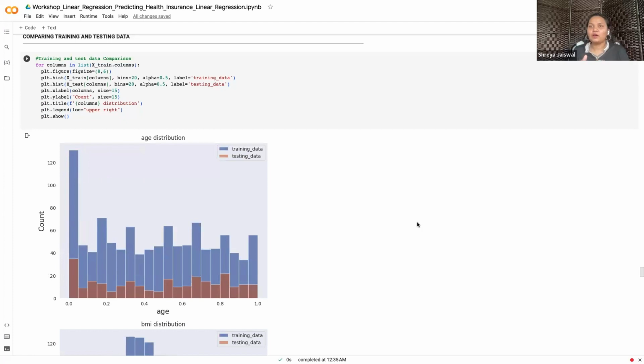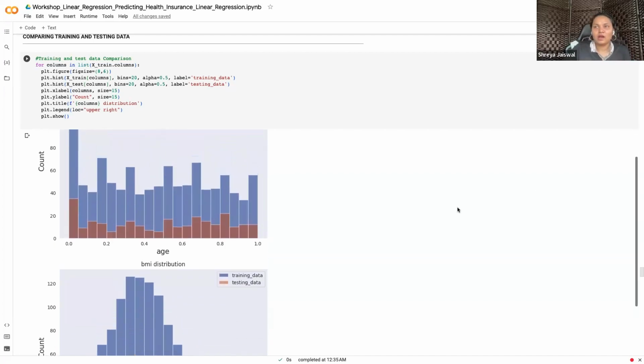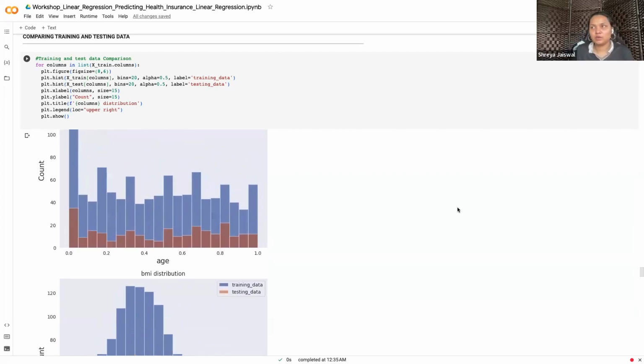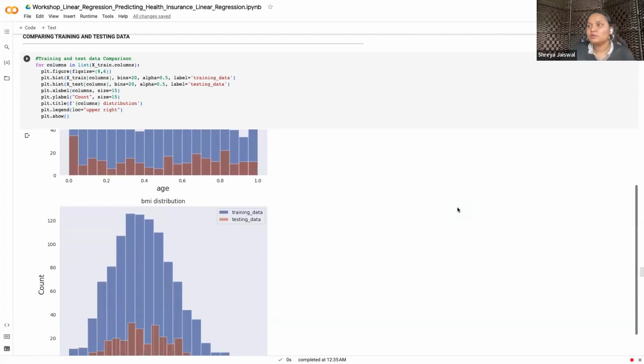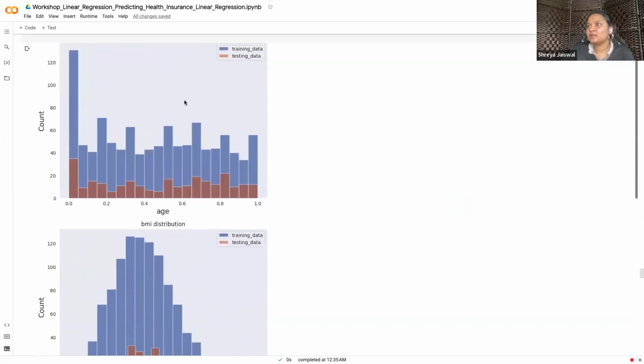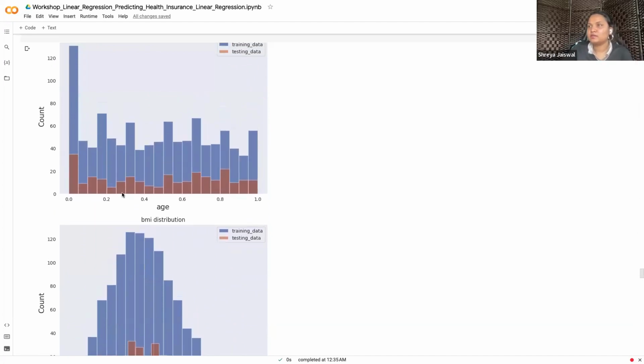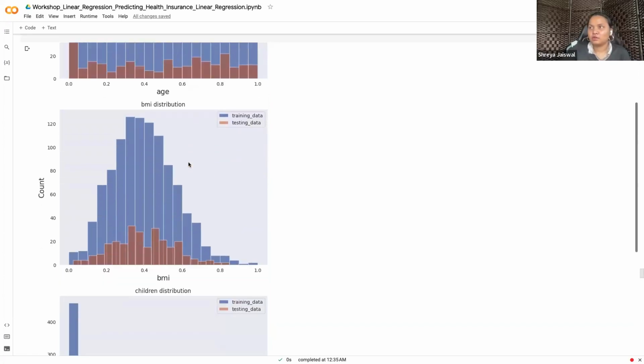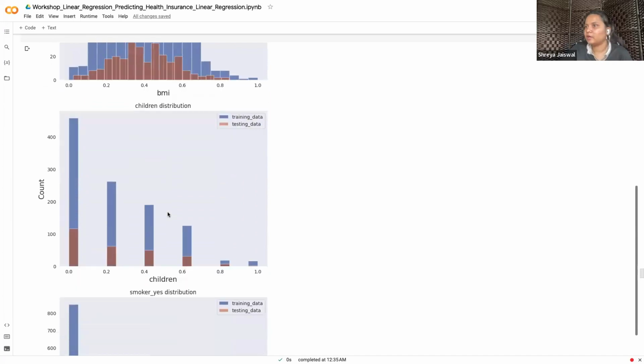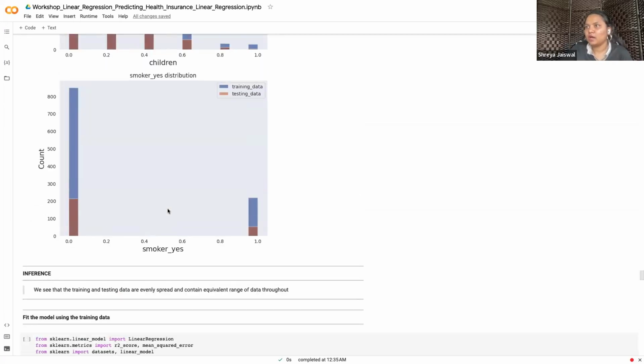It shouldn't be that the training data has the older ages, but we are testing just the kids or the younger ones, because then our model won't predict correctly. So the data in training and testing must be equally distributed throughout. This visualization helps us see that, and we can see that my training and testing both have data spread across. Similarly for BMI, children, and the last column as well.